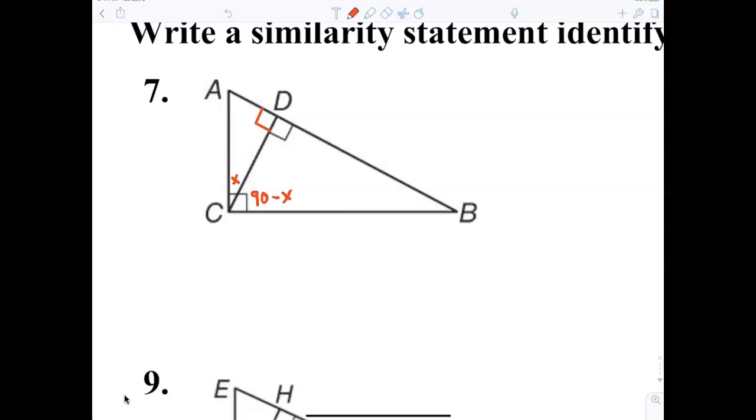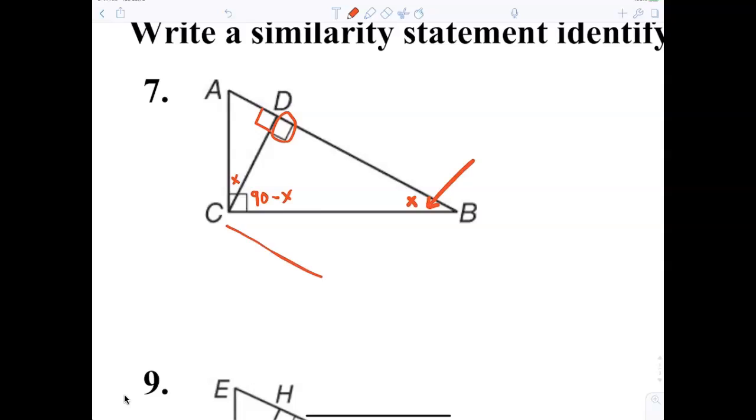Everybody okay with that? All right, now let's see if you're thinking. Somebody tell me what this angle has to be right there. X. Of course, x. That's a little bit harder to see, I think. So let's figure out why that's x. The reason why that's x is because this angle over here is 90.